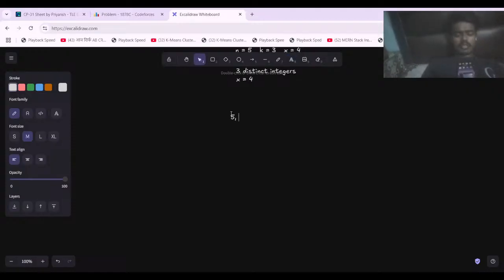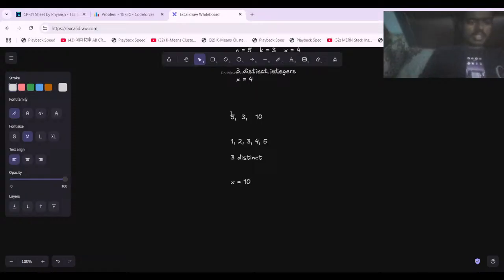Let's say 5, 3, and 10, right? So 1, 2, 3, 4, 5, and there are three distinct, right? And x is equal to 10, right? So I can do it very simply over here. I can take 2 and 3 and 5.